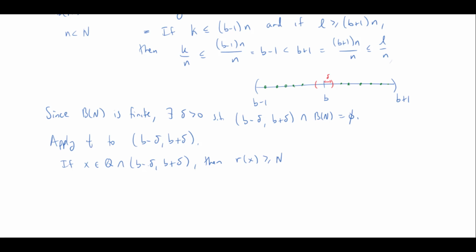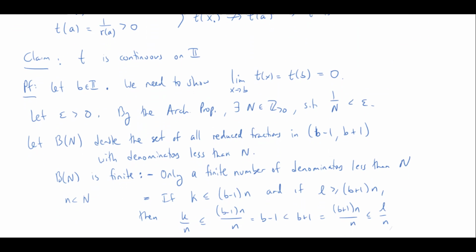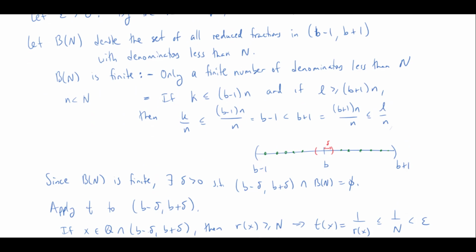So the only thing left are going to be fractions whose denominators are big, meaning at least n. So the reduced denominator of x has to be at least n. But if that's true, that means that t of x, which we know is equal to 1 over the reduced denominator of x, is less than or equal to 1 over n, and 1 over n was less than epsilon. Hey, that was our goal there, right?